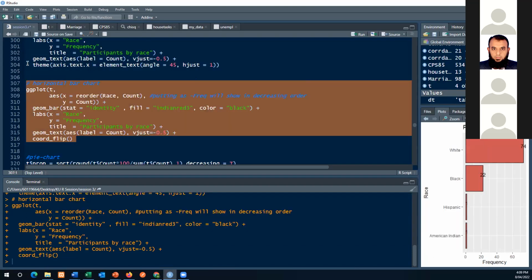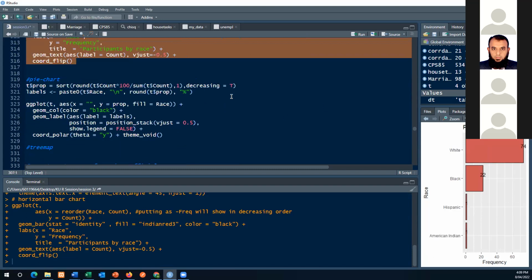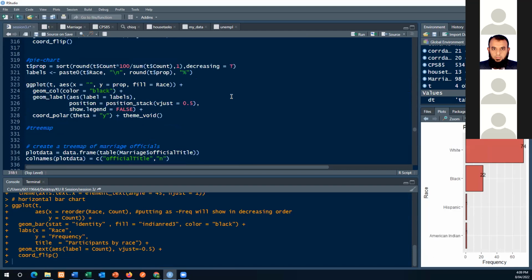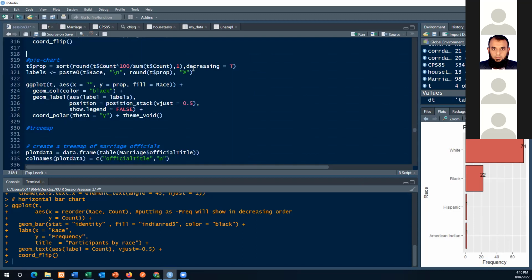Then the pie chart. Before we do the pie chart, we have to calculate the values, because a pie chart cannot be done on this data set straightforwardly; we need to know the portion of each. For the portion, you need a bit of maths: the sum of that amount divided by the total sum, times 100.